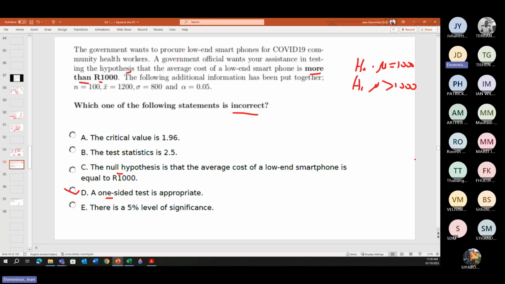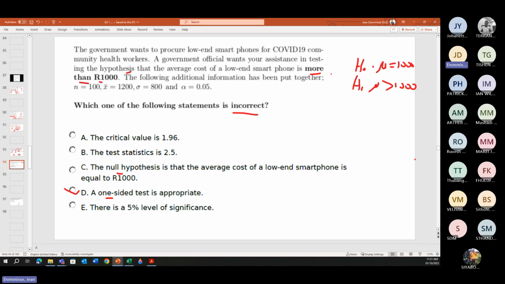Then they would have said that the government official thinks that it is not 1,000 rand. So when they don't tell you if it's smaller or bigger, they just tell you it's not 1,000, that would have made it a two-tail. So one-sided test, cool, that's sorted.